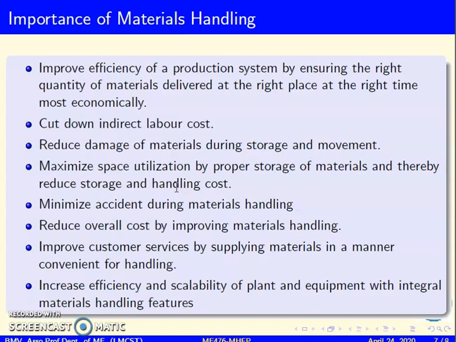All these increase the manufacturing cycle time. If the manufacturing cycle time increases, the cost of production increases, and that means the profit decreases. So it is very important that a suitable material handling system is there in a manufacturing plant.